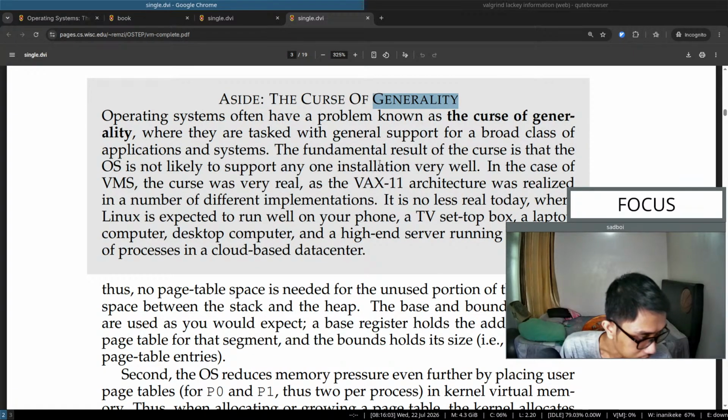Why is Apple's operating system better at memory management than Android?